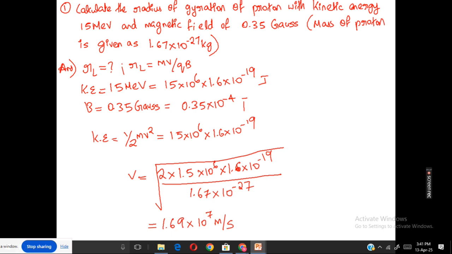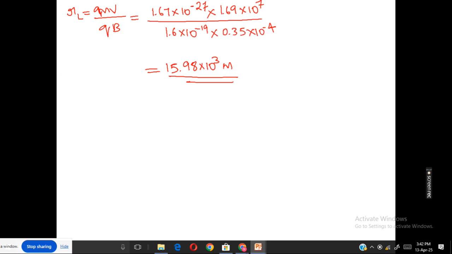We'll check the value of velocity once more. So 1.69 into 10 raised to 7.